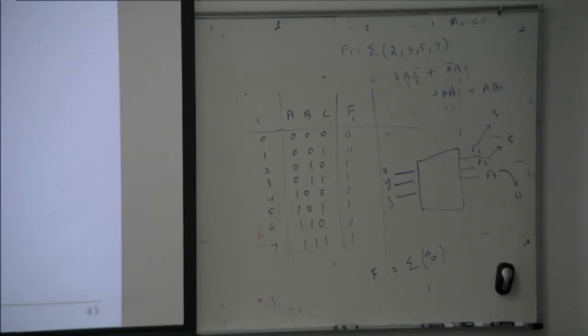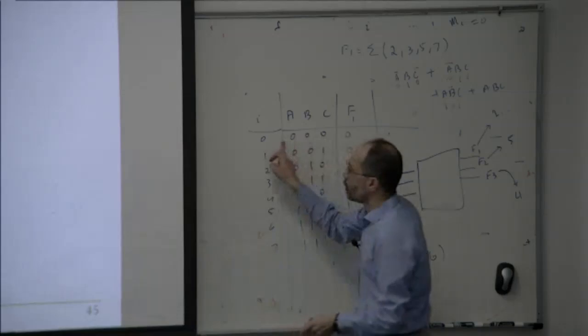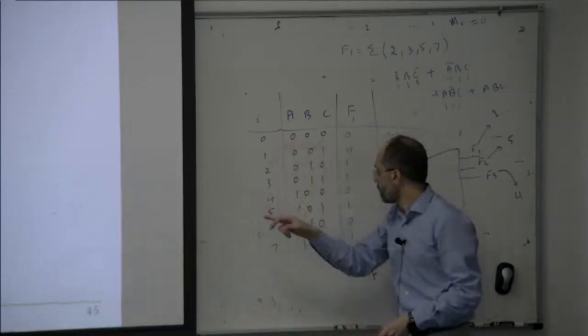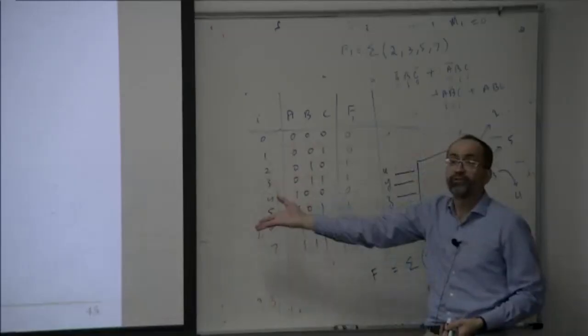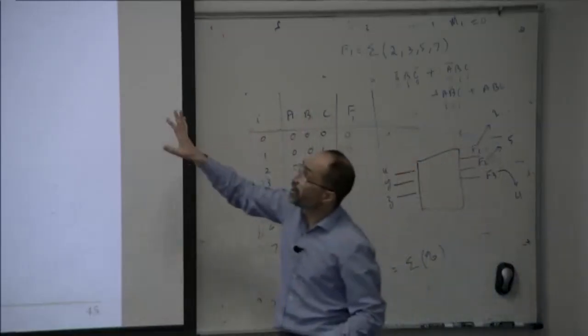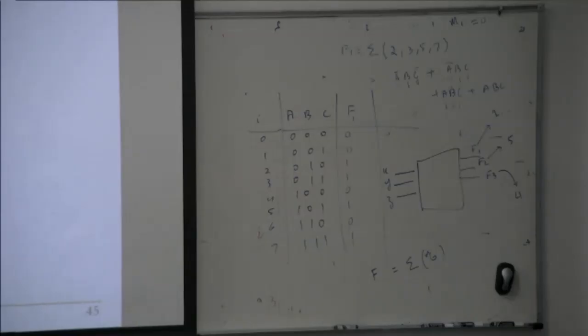So the order is very important, because if you wrote it in the reverse order, 0, 0, 0 and then 0, 0, 1, the whole notation will change. So we agree on the order of the variables, and then we can enumerate each row with the decimal number that corresponds to the binary number.